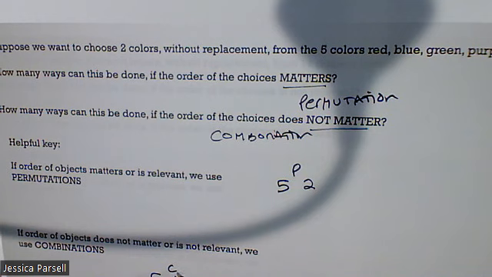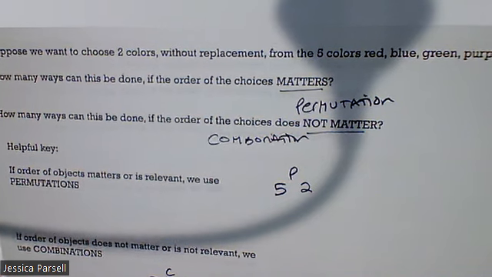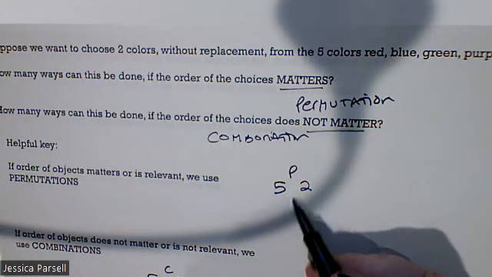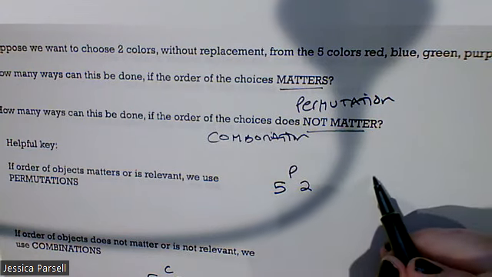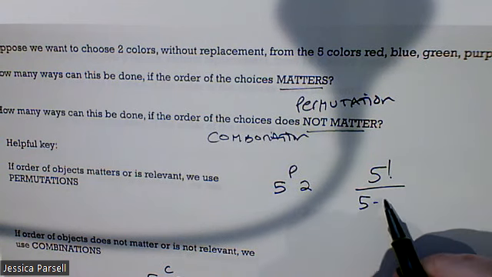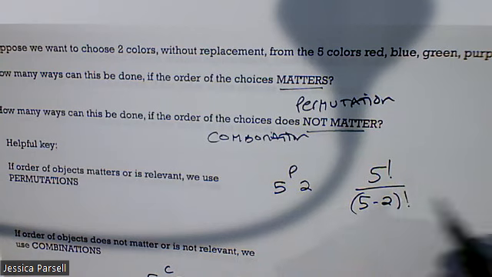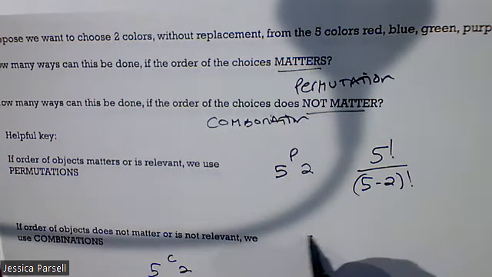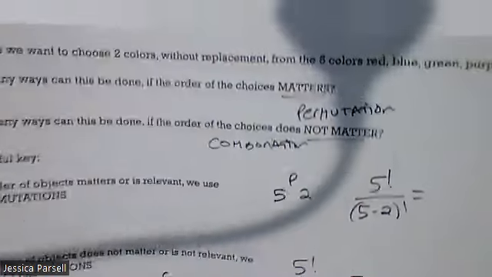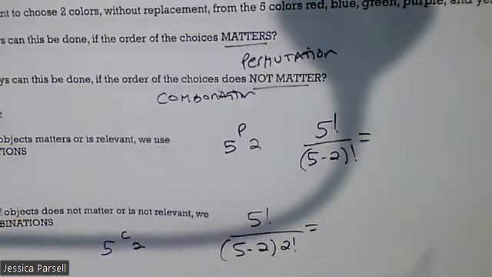So 5 objects, we're going to use a combination to choose 2 at a time. For 5 permute 2, the formula says we use that 5, and then subtract the n minus the r here. Remember, with combinations, there's that extra step. All right, so pause the video and get these done and come back and check in with me.